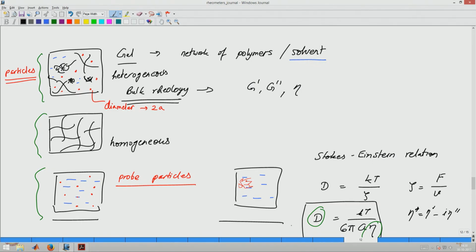Therefore, the overall MSD can also be analyzed to give us the elastic modulus and storage modulus. The same data and Stokes-Einstein relation can be used in the complex domain to find G prime and G double prime, or basically eta prime and eta double prime. If we assume the surrounding fluid to be Newtonian, then we directly use the Stokes-Einstein relation. If we know that the surrounding fluid is viscoelastic, rather than eta it will be eta star, and therefore we can find out the elastic and viscous contributions.